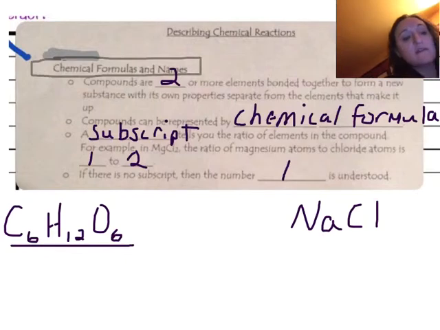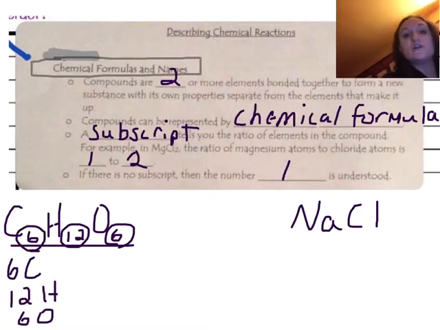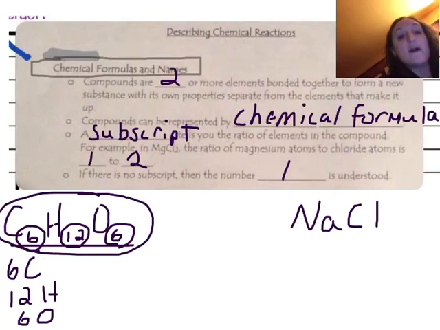That, by the way, is the chemical formula for one molecule of glucose. So what this means is that there are 6 carbons, 12 hydrogens, and 6 oxygens. Pretty simple. So that subscript in each case tells us how many atoms of each type there are in one molecule. So this whole thing is one molecule, but that's how many atoms are in that one molecule.